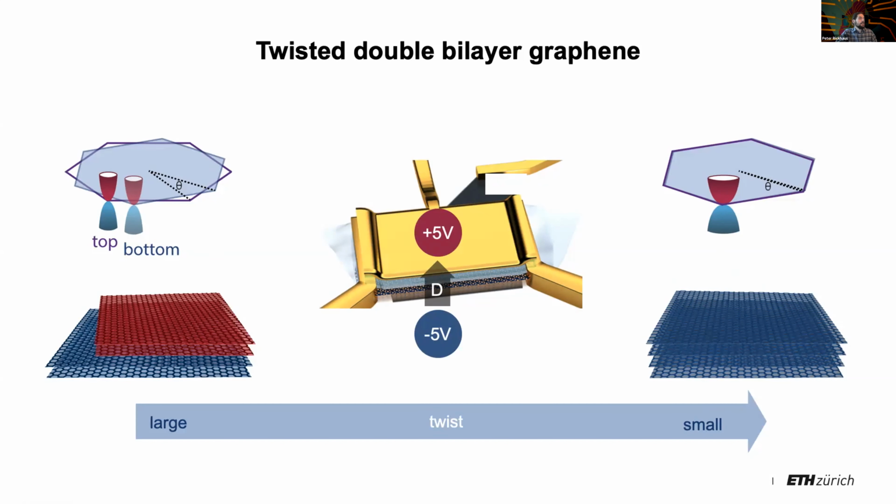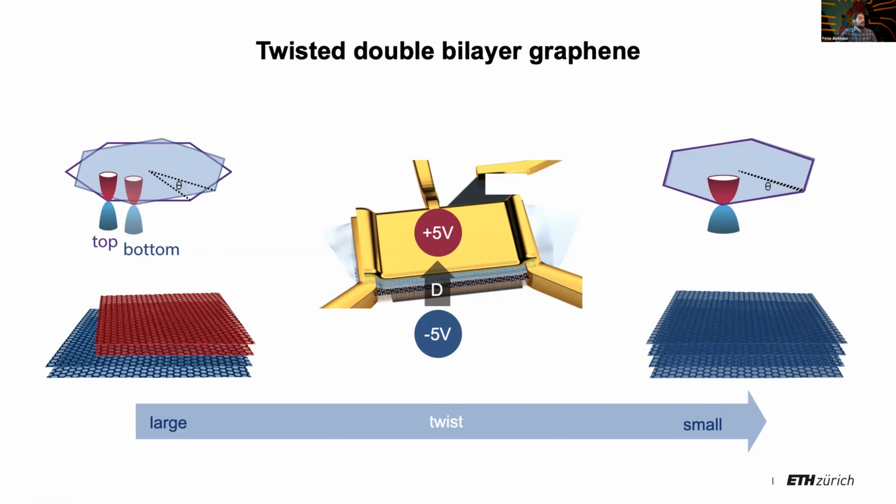We can check what this resistance peak does with temperature, for example. Again, zero density in the single particle band structure lies here. And if we now change the temperature from 1 Kelvin to 10 Kelvin, you see that the resistance becomes completely flat at 10 Kelvin.